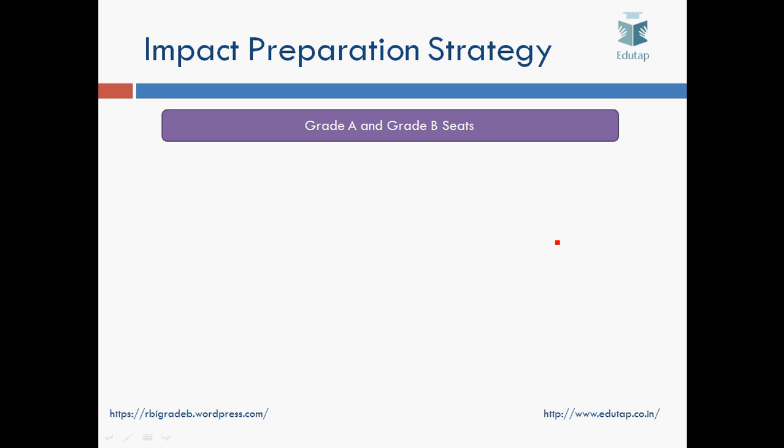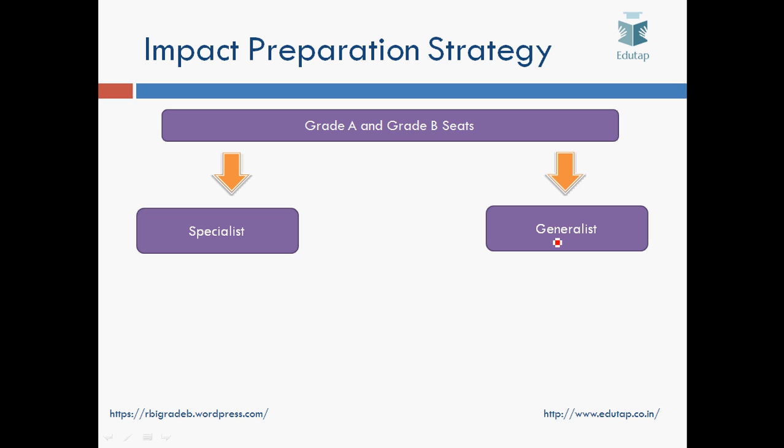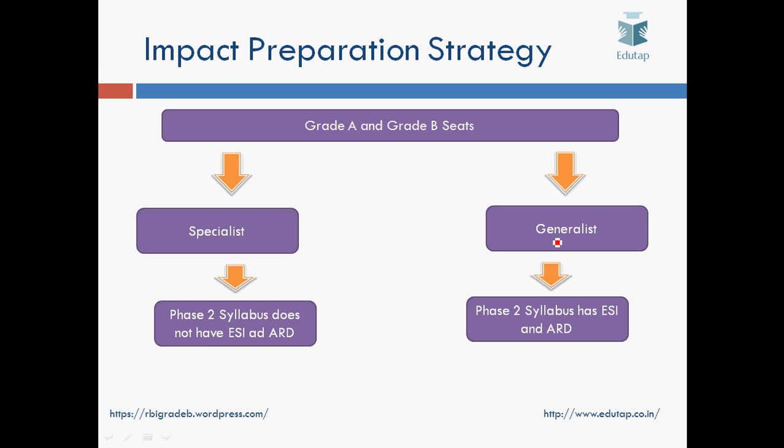Now, what is the impact on preparation strategy for grade A and grade B seats? As we all know, they have divided the seats into specialist and journalist for both grade A and grade B. Now, the phase 2 syllabus in the specialist category does not have ESI and ARD. But the phase 2 syllabus has ESI and ARD for journalist.